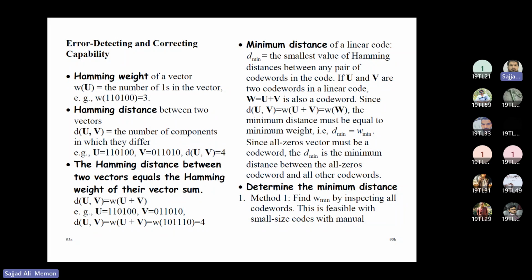If U and V are two code words in the linear code, then their sum W is also a code word, since the Hamming distance between U and V is equal to the weight of the sum of U and V. So the minimum distance must be equal to the minimum weight, that is d minimum is equal to w minimum, since the all zeros vector must be a code word. The d minimum is the minimum distance between the all zeros code word and all other code words.